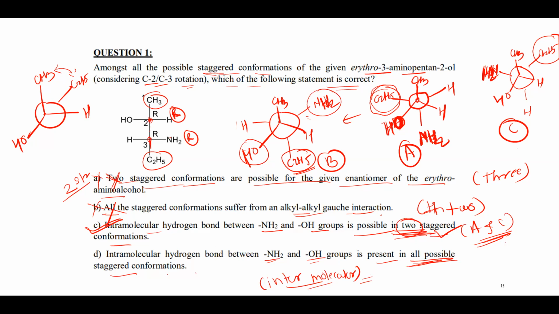But here they have mentioned intramolecular. So in the intramolecular case, this hydrogen and this nitrogen are far away from each other. So there is no possibility of intramolecular interaction here. So this D option is incorrect. So the most correct option is the C option. Does anyone have a doubt in this one?